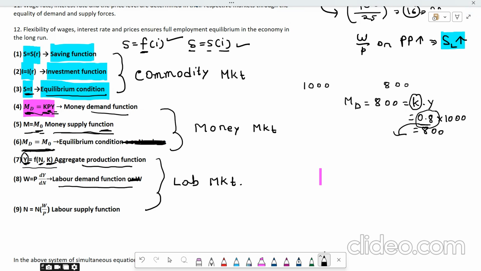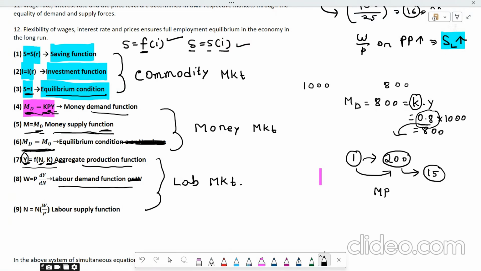How much wage, or how much real wage, should a laborer get? Suppose there were already 200 laborers working in the factory, and one additional laborer comes, and due to that one laborer who has additionally joined the production process, the output has increased by, suppose, 15 units. The output has increased by 15 units.